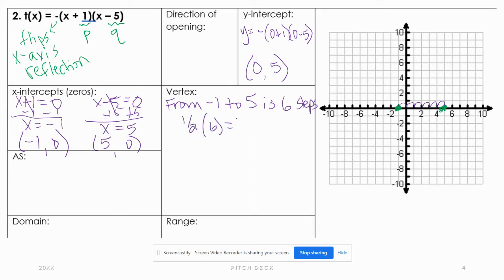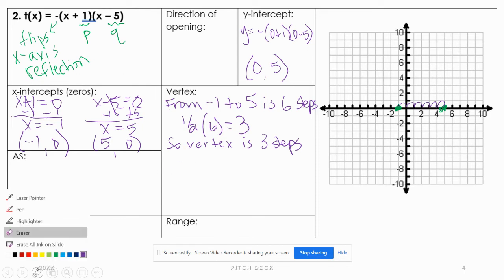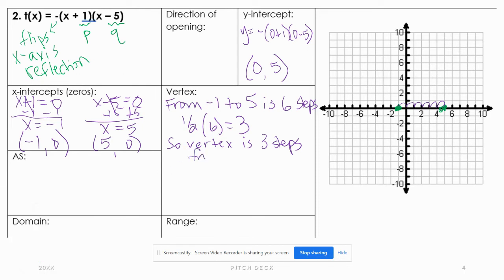Half of 6 is 3. So the vertex is 3 steps from -1 and 5.